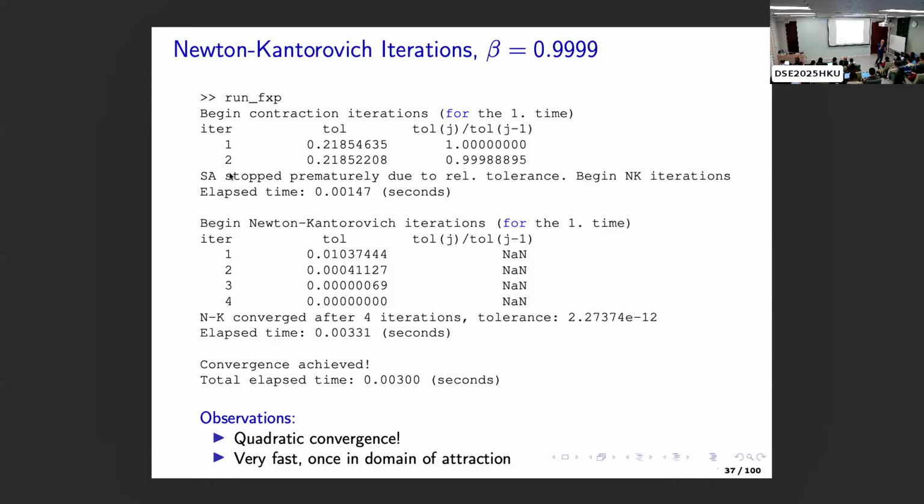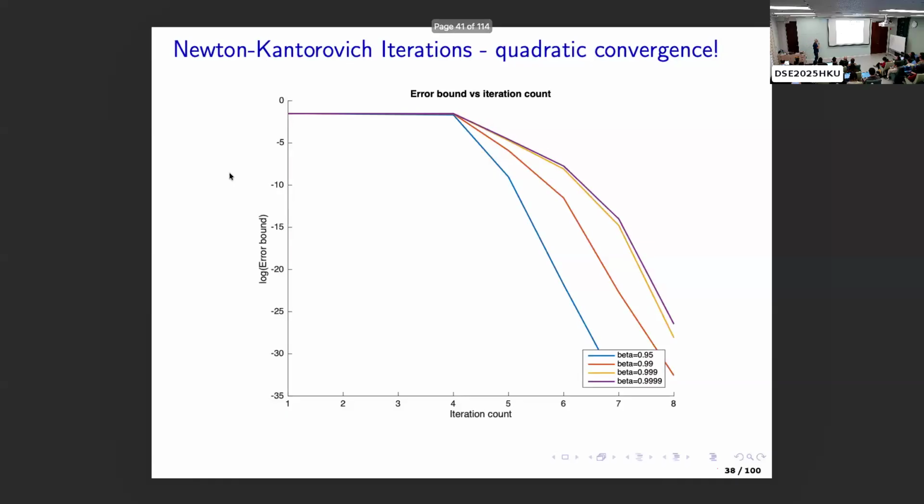It's like you take the maximum approximation error to the power of 2. This is where you see the quadratic convergence. If you take the log of the error bound and plot it against the iteration count, here I'm doing a couple of successive approximations, but here is the first Newton iteration, the next one, and the next one, and they're all following this quadratic.